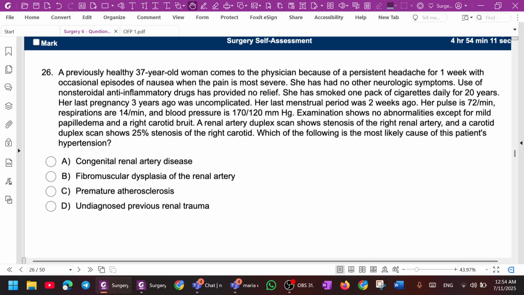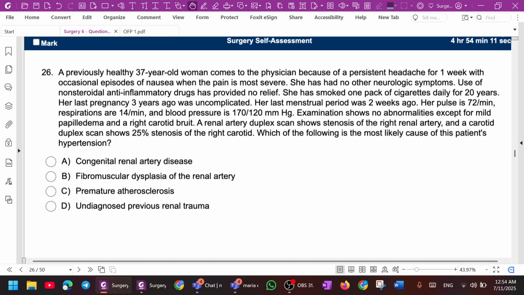Use of non-steroidal anti-inflammatory drugs has provided no relief. She has smoked one pack of cigarettes daily for 20 years. Her last pregnancy, 3 years ago, was uncomplicated. Her last menstrual period was 2 weeks ago.